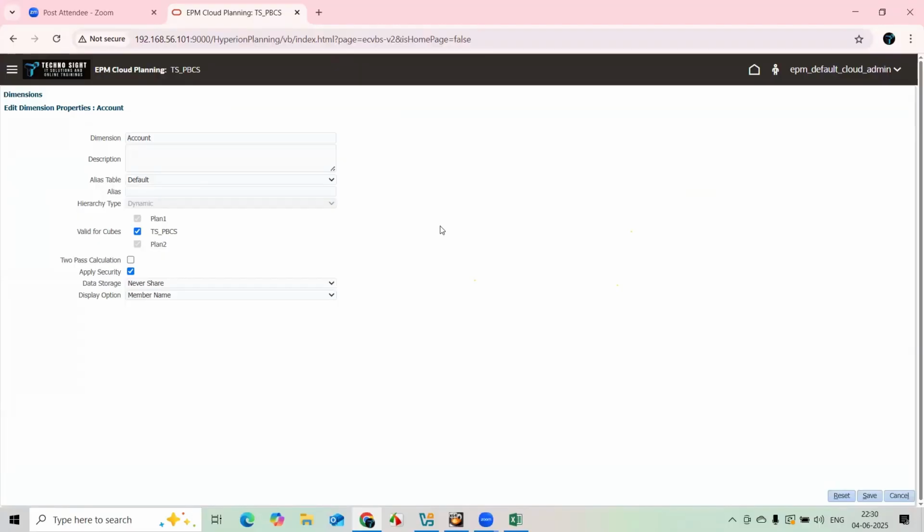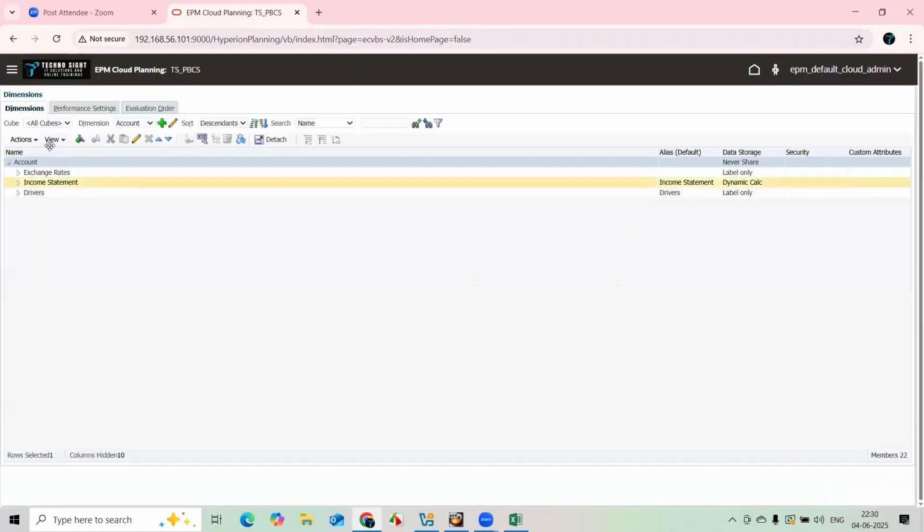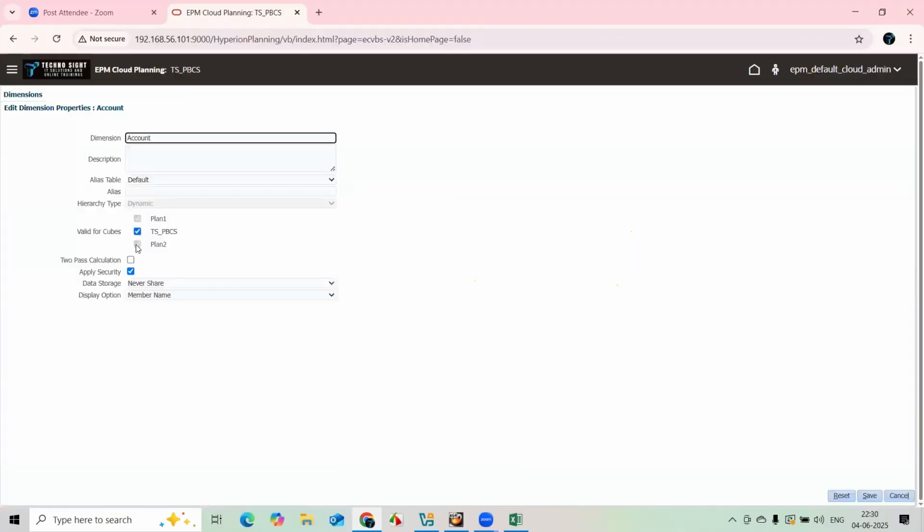Instead of creating it again in plan two, if I want the same account dimension to be available here, members can be different, but if you want the same dimension between the cubes, you can enable it by clicking this checkbox. I will tell you the navigations on how to get this later, but just to give you an idea of how we can have common dimensions between cubes, I'm showing you this. Got it?